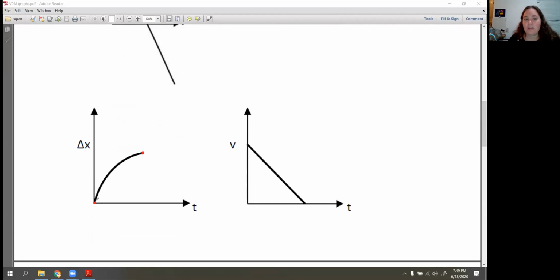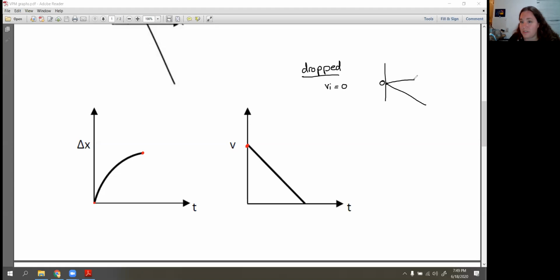Okay, so here you can see that this object was thrown because it doesn't start with an initial velocity of 0. Just for the record, if an object were dropped, our typical dropped means that its initial velocity is 0. So typically, if you had an object being dropped, that is what your graph would look like.